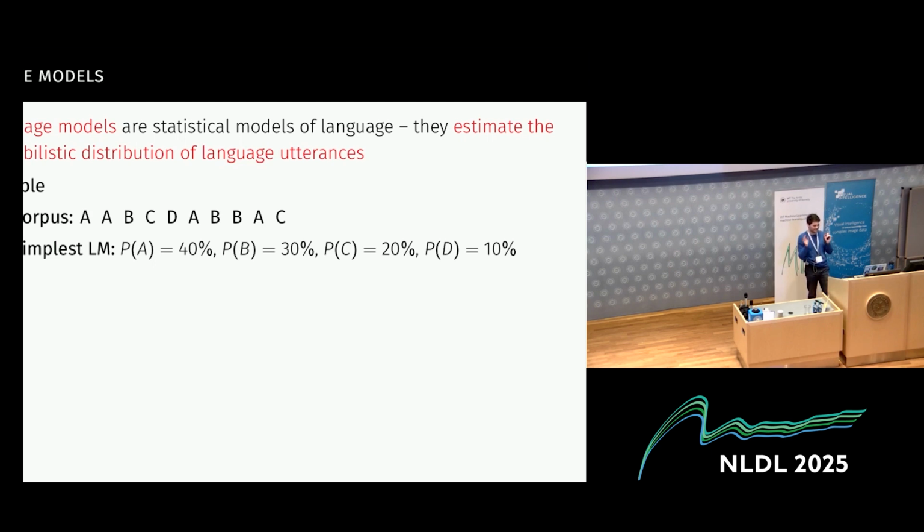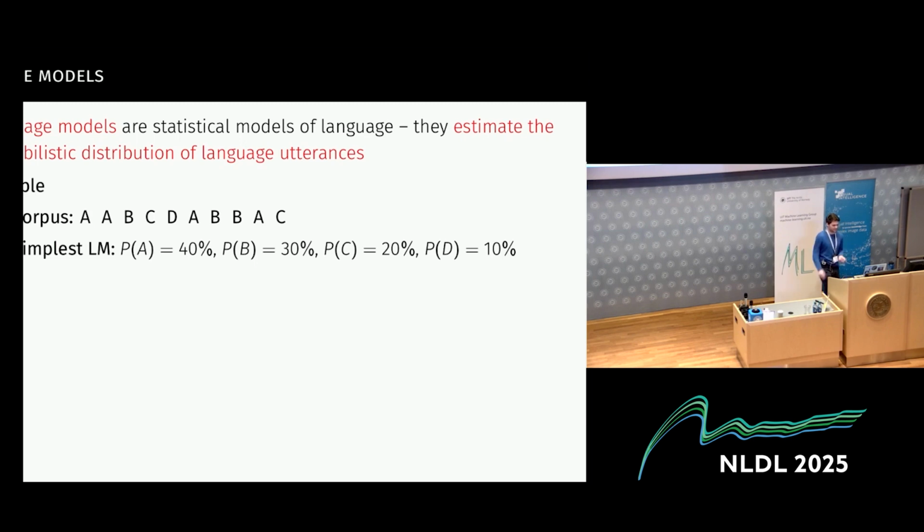We just have a very, very simple corpus of just 10 symbols. So in our language here, we have only an alphabet of 4 symbols. And from this corpus, we can already estimate something, right? So we can have this very simplest language model that there is, that just estimates what's the probability of the symbol A. And as you can see, there are 4 occurrences of this symbol in our corpus out of 10 total symbols.